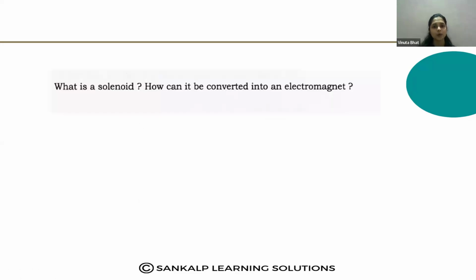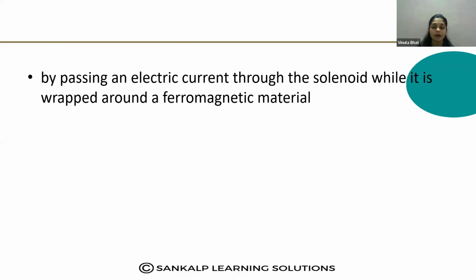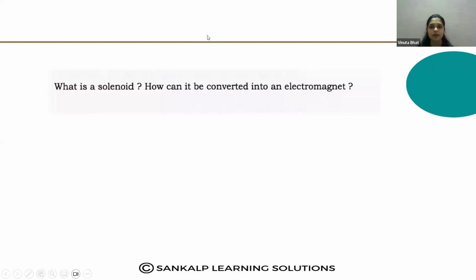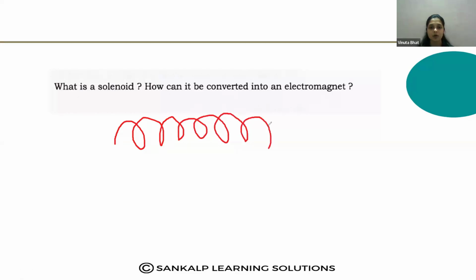Next question. What is a solenoid? How can it be converted into an electromagnet? A solenoid is an insulated wire that is coiled and connected to the circuit. How can it be converted into an electromagnet?